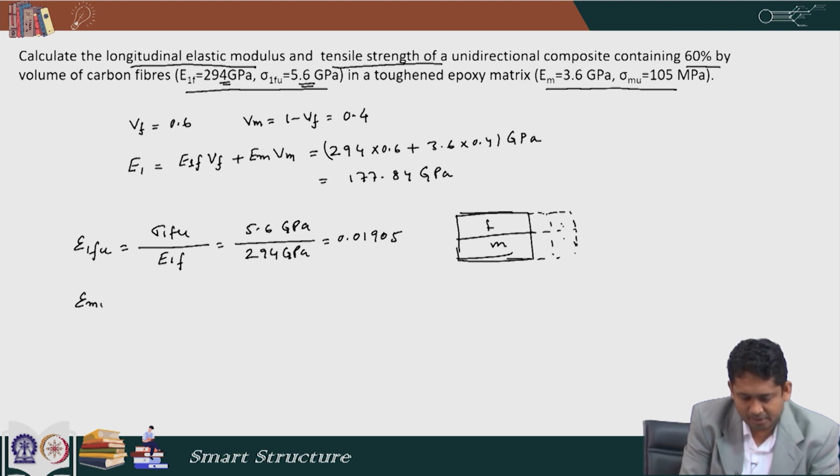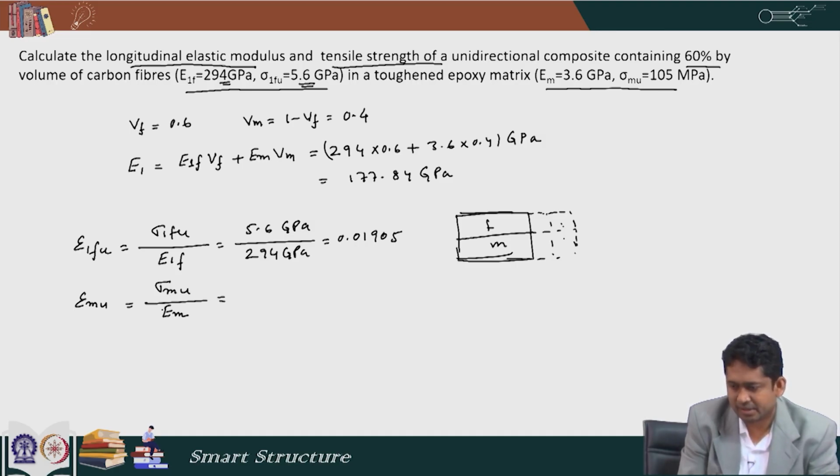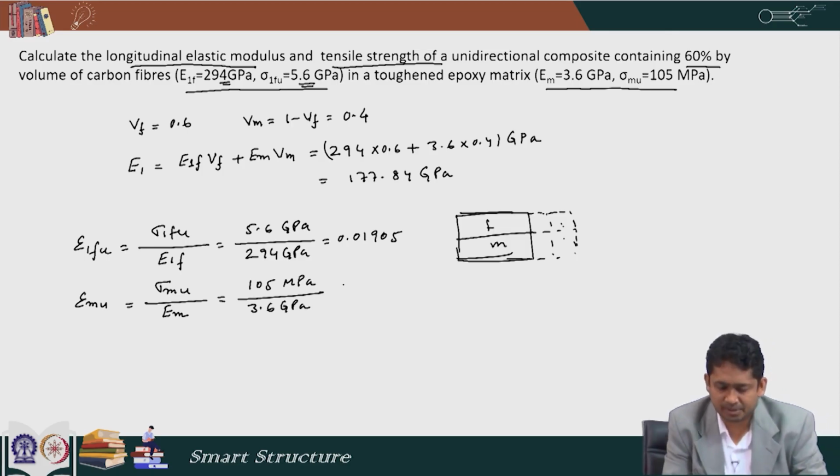Similarly, the ultimate tensile strain of the matrix is sigma mu divided by Em, and sigma mu we know is 105 megapascal, and the elastic modulus is 3.6 gigapascal.